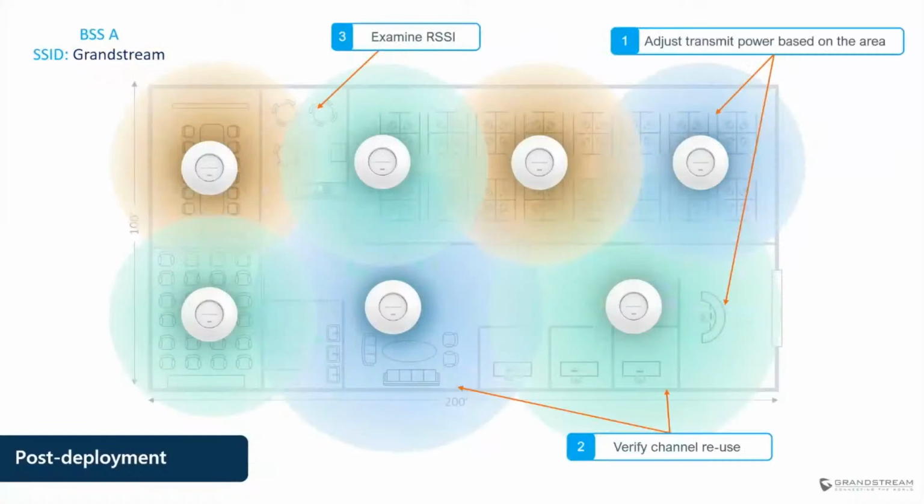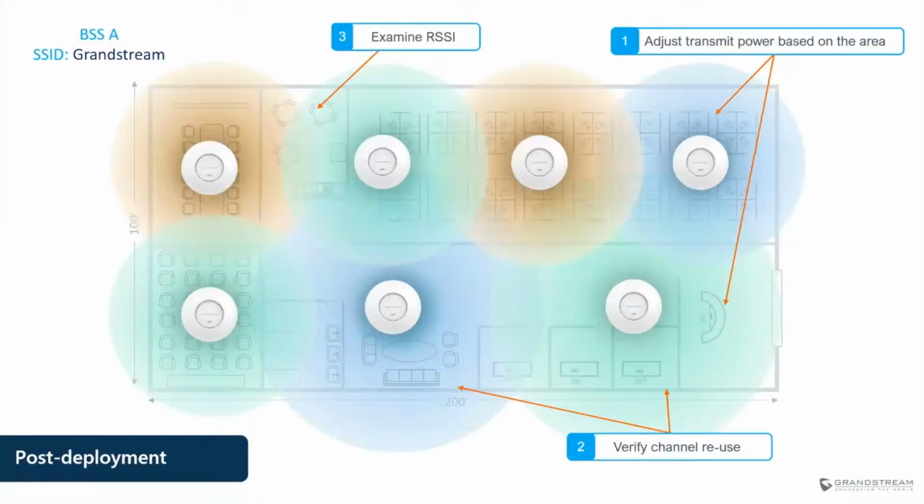So some approaches to fix the co-channel interference: the first is to adjust the transmit power based on the area. It's done on the controller side. Next is to verify the channel that is being used to avoid overlapping channels, especially for 2.4 gigahertz, which only has 3 non-overlapping channels.